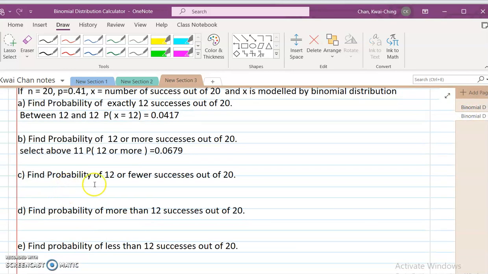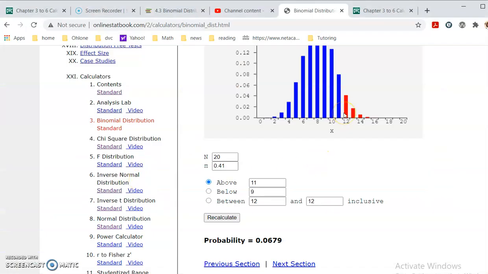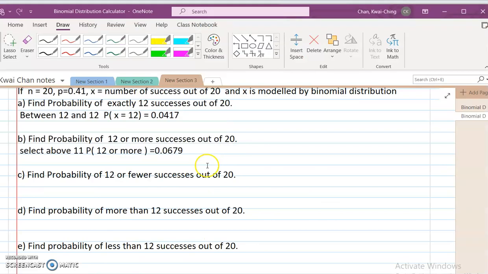Okay, find the probability of 12 or fewer. What is 12 or fewer? That means I want 12, but I also want everything below it. So it would be below 13. Do you agree? Below 13. We calculate, and you see 12 lights up and everything below 12 also lights up.